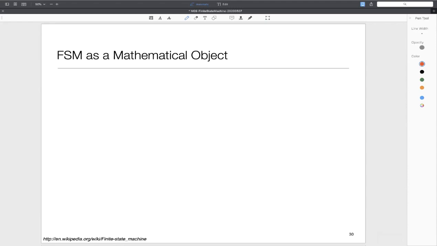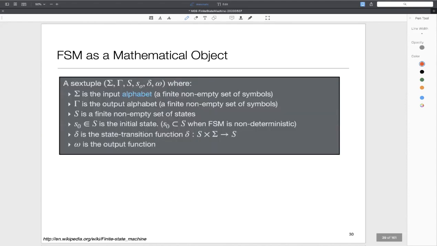Okay. So now we are going to think of finite state machine in a more formal manner. We gave some examples and drawings, but you can think of finite state machine itself as a mathematical object. It's a mathematical object that consists of 6 things. Some of you may have heard the term tuples in your programming classes; a tuple basically refers to 6 things bundled together.